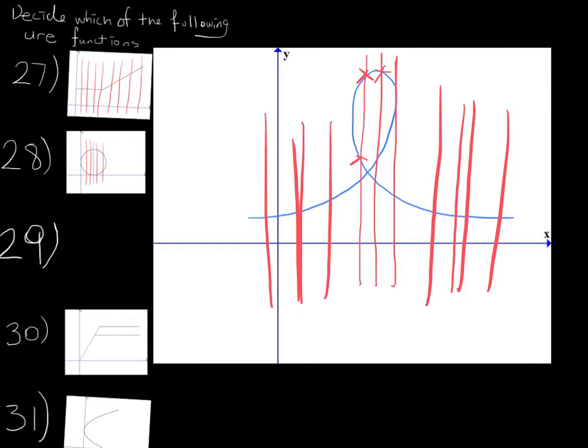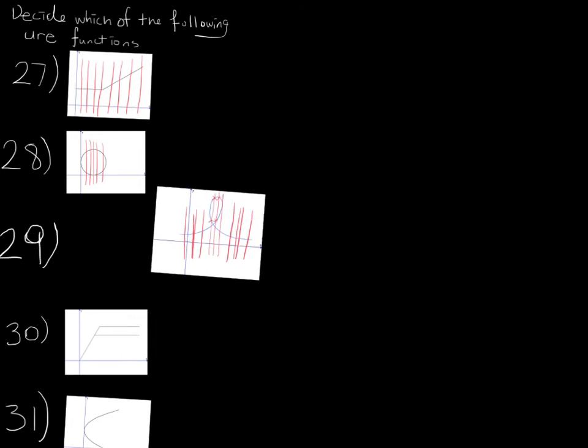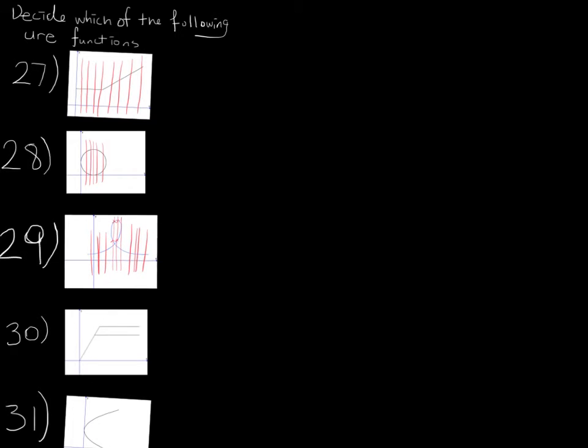It only takes one line that intersects the function at multiple places to make this not a function. So 29 is not a function. So what we have so far is function, not a function, not a function.